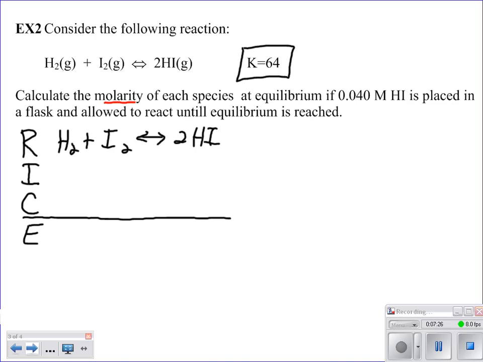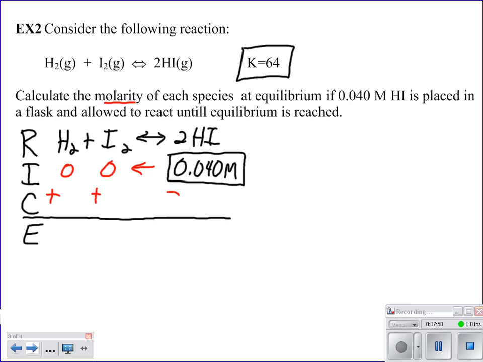That's the only other information that we're given. So we can look at this and say that must mean that we have 0 concentration of these guys. So it's got to progress in this direction, meaning you've got to add here and subtract from this side.